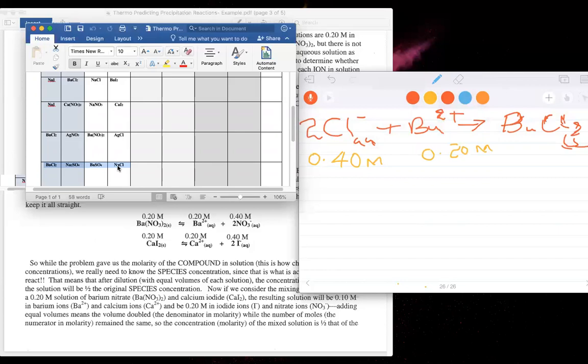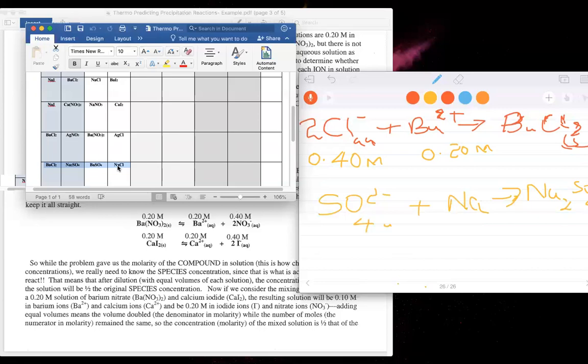The other reagent is sodium sulfate. So for sodium sulfate, that means we have SO4 2 negative, aqueous, plus Na, going to Na2SO4.